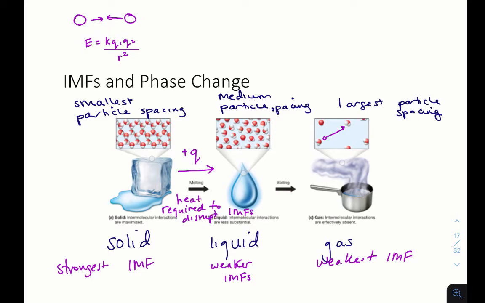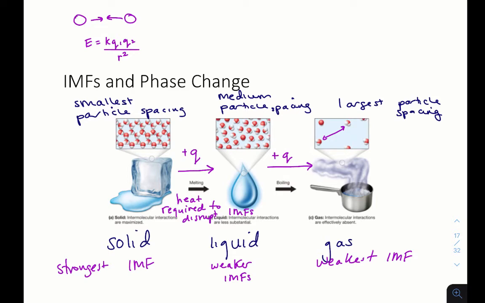Likewise, when a liquid transitions to a gas, once again, intermolecular forces of attraction must be disrupted. This time, they must really be removed all the way because in the gas phase, intermolecular forces are negligible. The molecules are too far apart to experience attraction. So again, heat is required to disrupt those intermolecular forces.